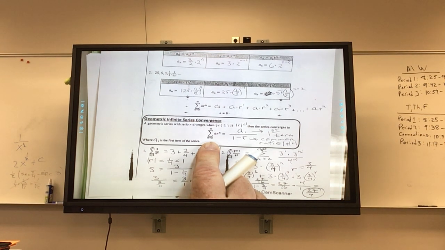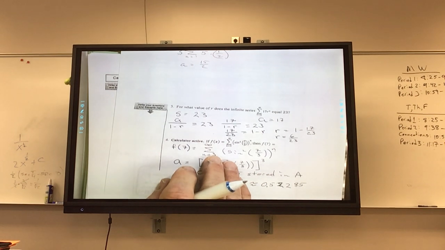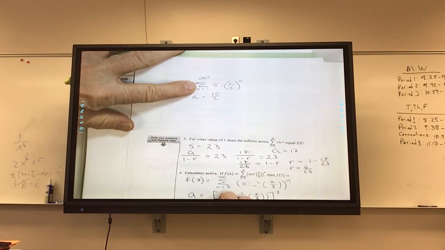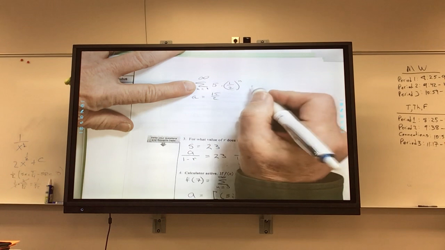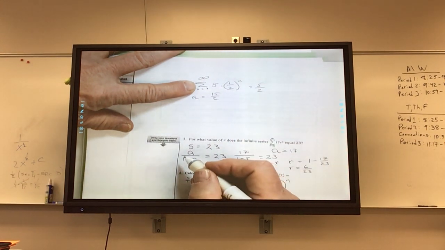Pretend that the 3 wasn't there. If you follow that formula, it would be A times R to the n. So A would be 5, R would be 1/2, and then to the n. Your first term is going to be 5 over 2. So it's just plain the first term, no exceptions. Correct. Okay, I think I'm good.